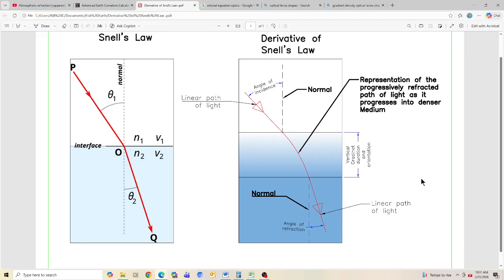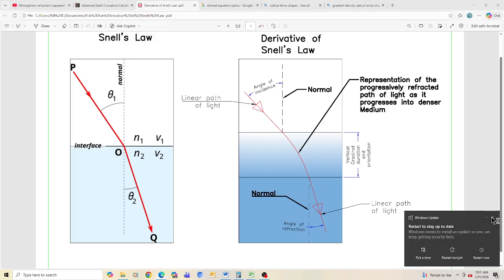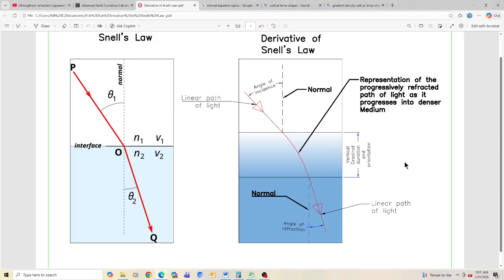So, if we take light traveling, first, this is structured just like our atmosphere for descriptive purposes. Our atmosphere stacks vertically. These individuals will talk about the vertical lapse rate, the vertical rate of change, the vertical gradient.